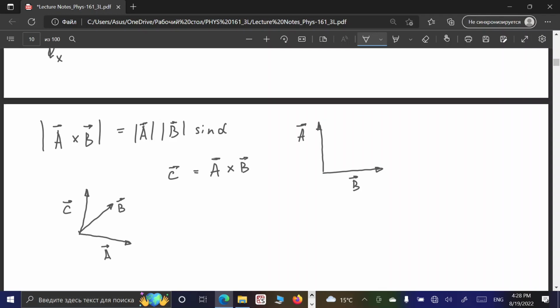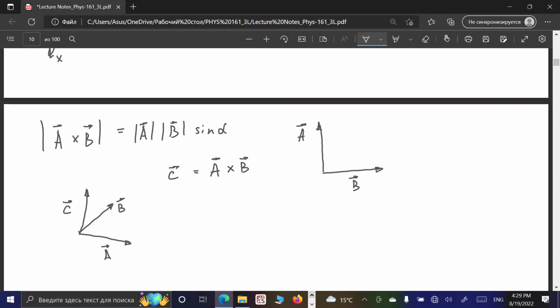Now, by applying this right-hand rule, we arrange our right hand in such a way that we calculate A cross product B. So our four fingers cross first vector A, then vector B, and our thumb is showing the direction of the resultant cross product vector. And that will be perpendicular to this plane of the whiteboard, away from you.